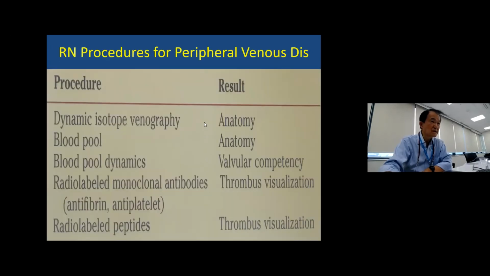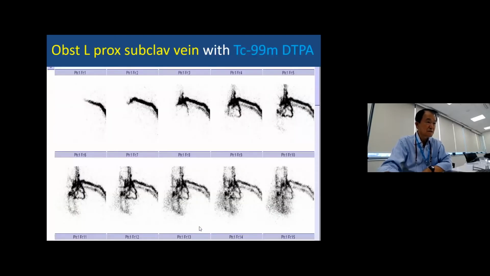So in the venous system, we call it radionuclide venogram, we can have a dynamic study, and an antibody against the platelet or fibrin shows thrombosis. So here, in the upper extremity, we inject into the antecubital vein. This is the cephalic and basilic. This is every second or 2 seconds.